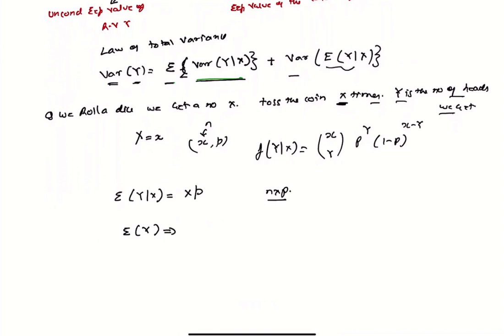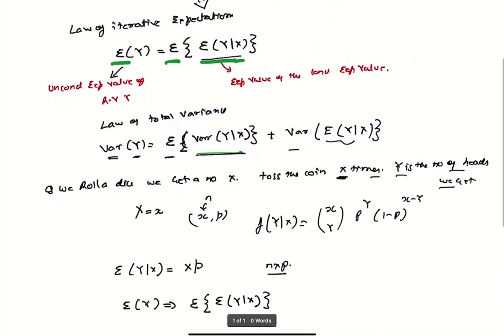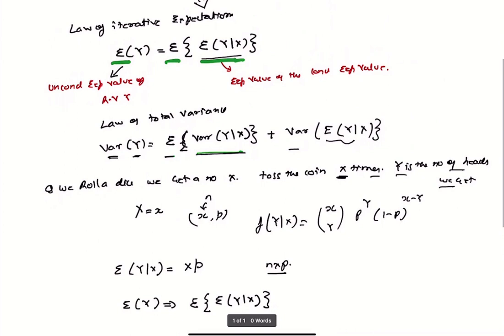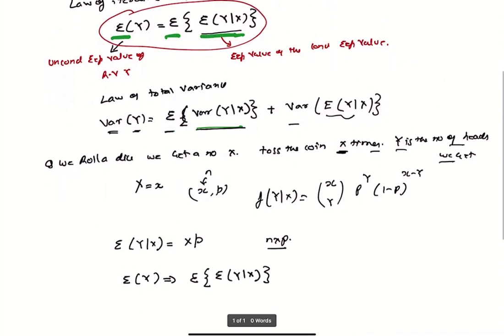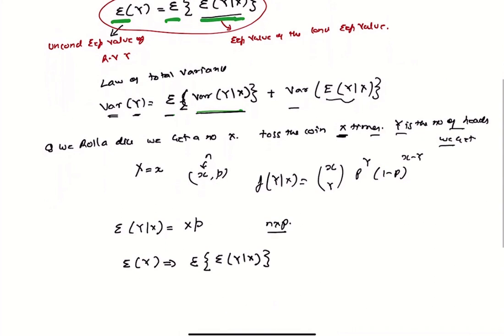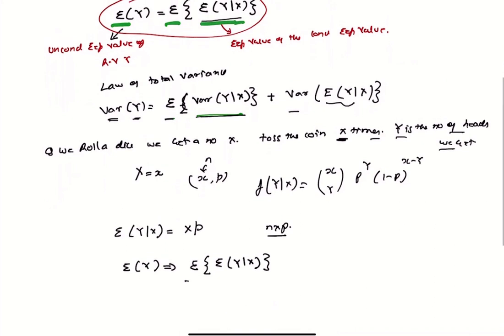So what is the expected value of y? By the law of iterative expectations, the expected value of y is the expected value of the expected value of y given x. But the expected value of y given x is xp, so it becomes the expected value of xp.